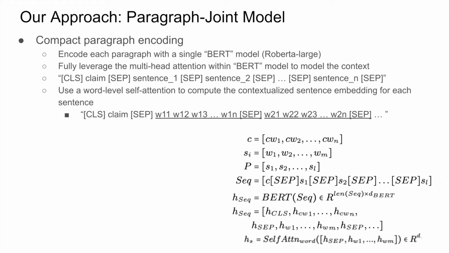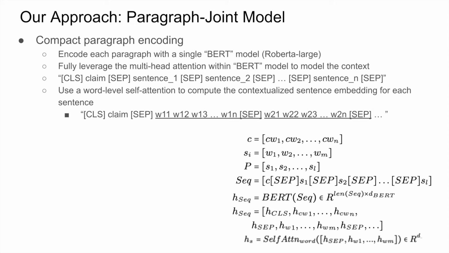We use a single BERT model to encode each paragraph by fully leveraging the multi-head attention within BERT to model the context of each sentence. Specifically, we use the SEP token of BERT to separate each sentence and truncate the longest sentence to fit the entire paragraph into the length limit of the BERT model.